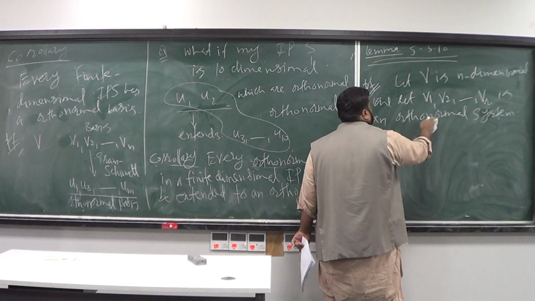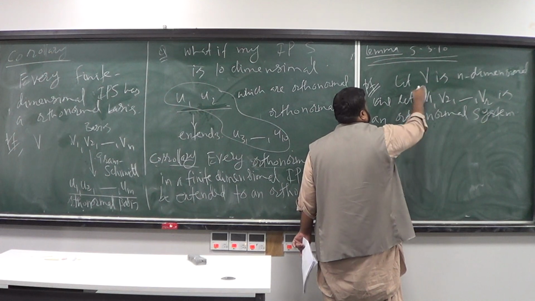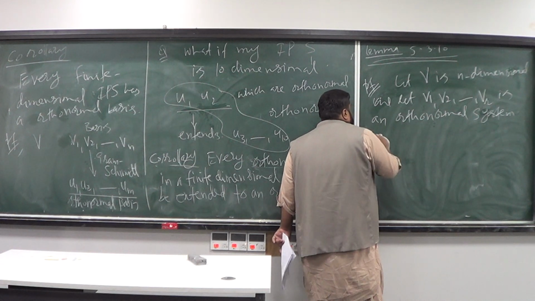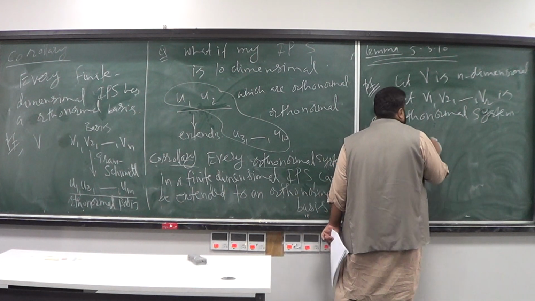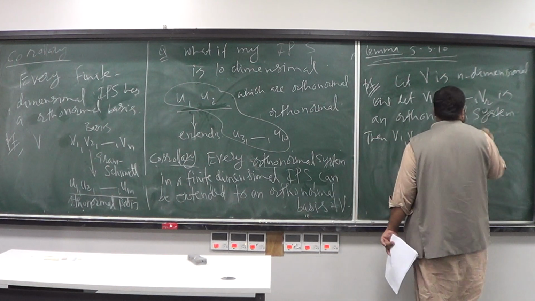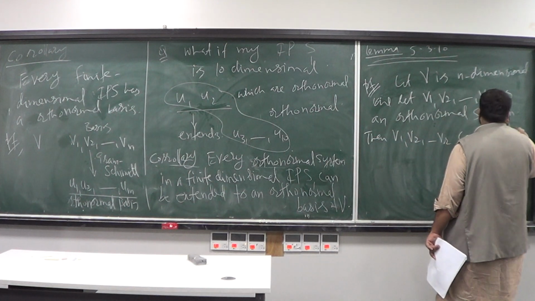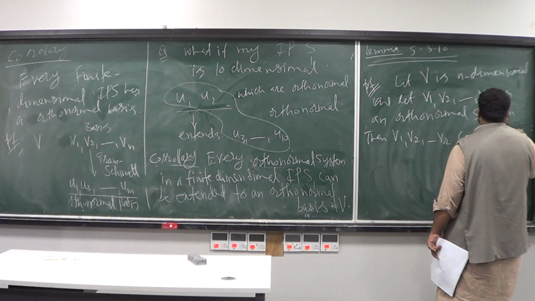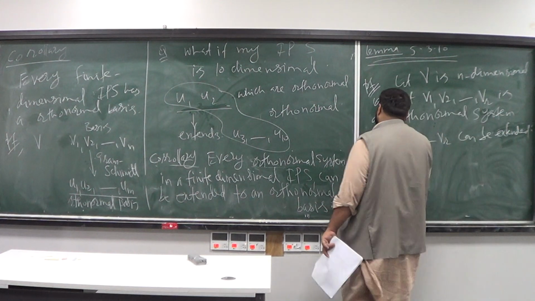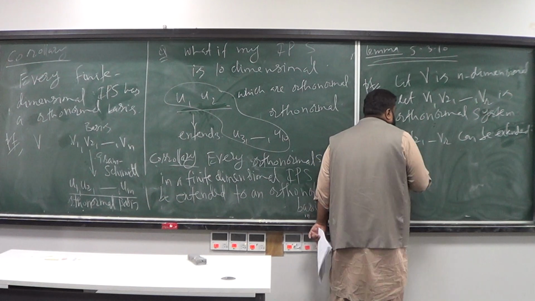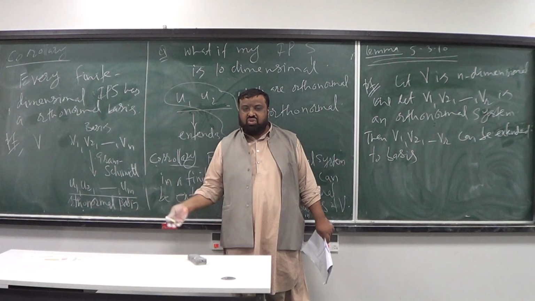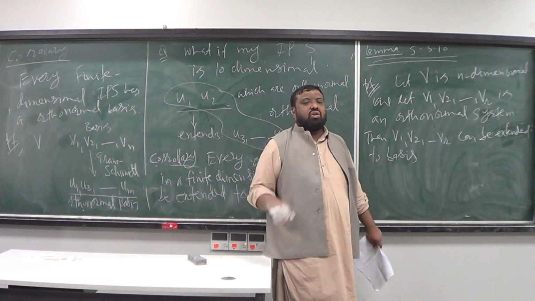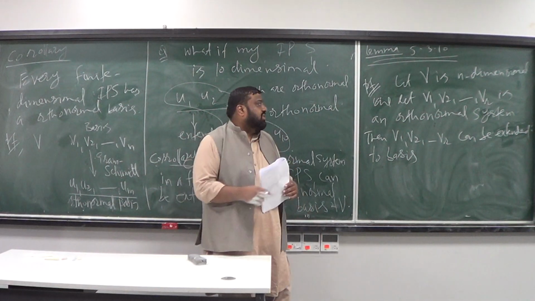They are not only orthonormal vectors, but they are vectors in the inner product space V. Then v1, v2, ..., vr can be extended to a basis. I'm not going to get into the details of how to add more vectors to a given set of vectors to form a basis.